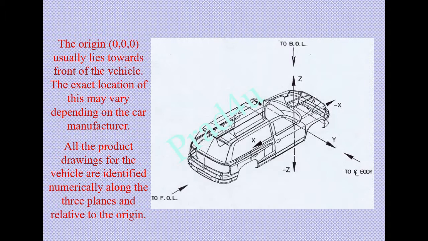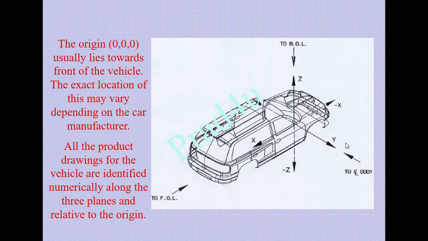This figure shows the origin of a car. As I mentioned in the first slide, this is BOL, the bottom origin line. This is the front origin line, and this is the center origin line.